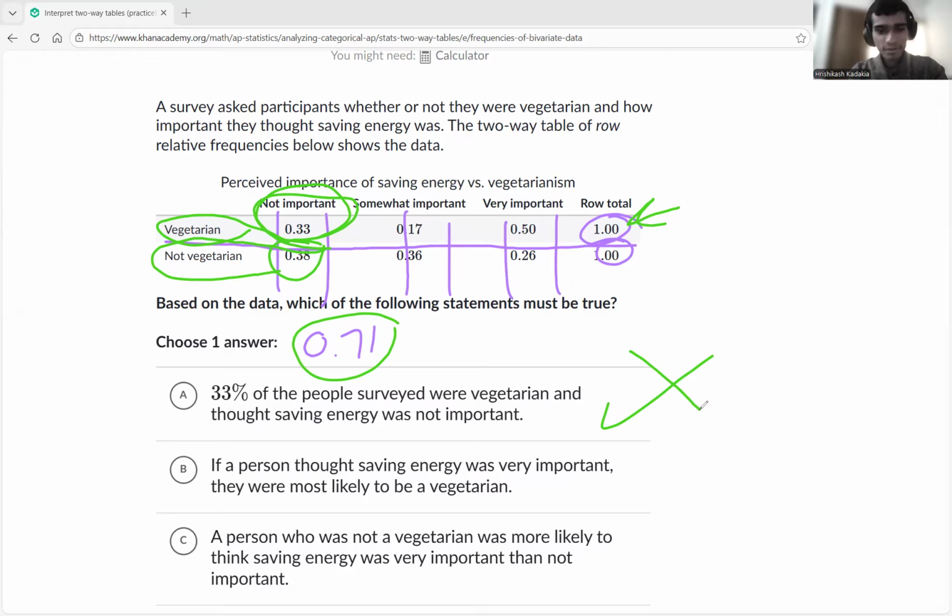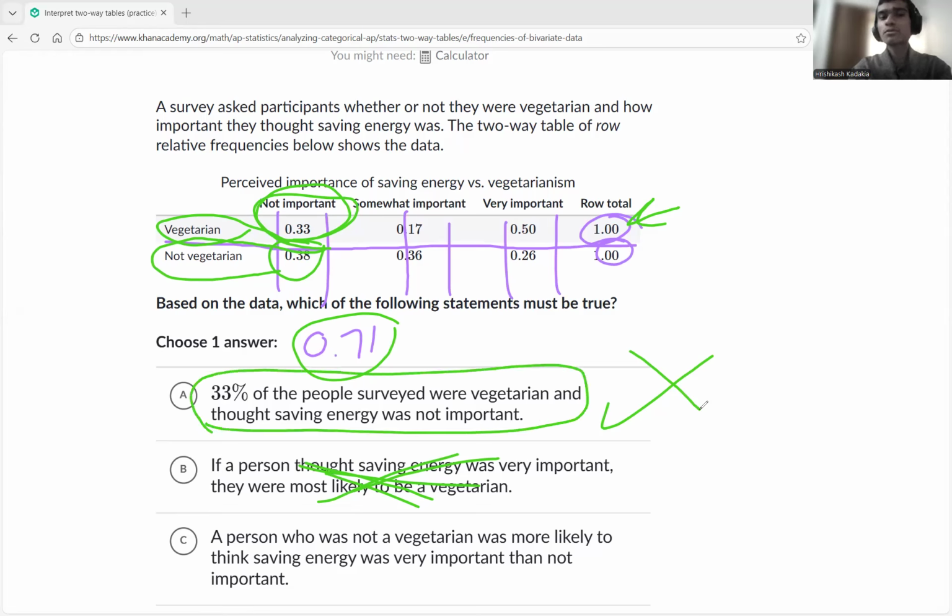That way we'll map around which one we can choose. So B option, they say if a person thought saving energy was very important, they were most likely to be vegetarian. This one we can definitely conclude is wrong, because column wise we can't conclude that. Now, a person who was not vegetarian was more likely to think saving energy was very important than not important. We don't have the total number of people who have been surveyed.